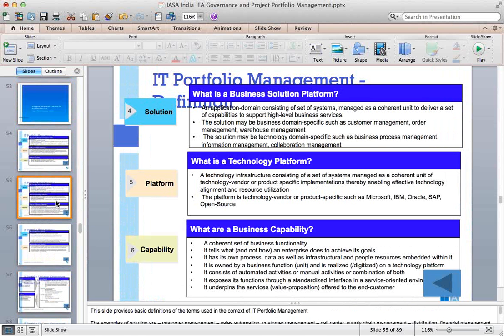Moving on, to many of the technical members who are participating, it's very clear that we have a business solution platform such as CRM, or it can be a supply chain. What's a technology platform? It can be a set of systems which are correlated in terms of the way the technology delivers value.